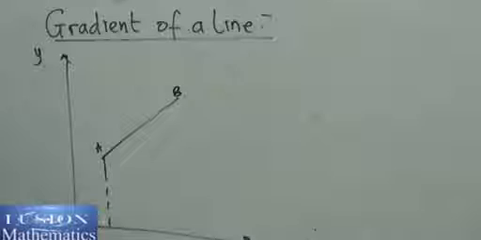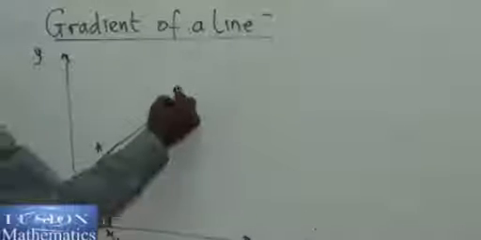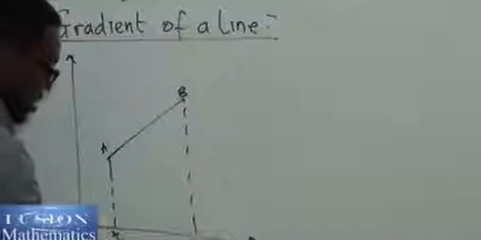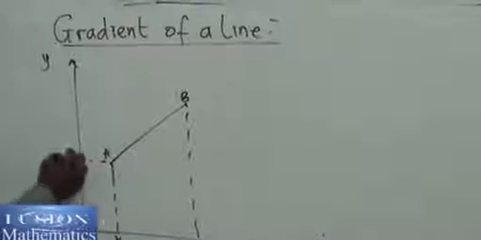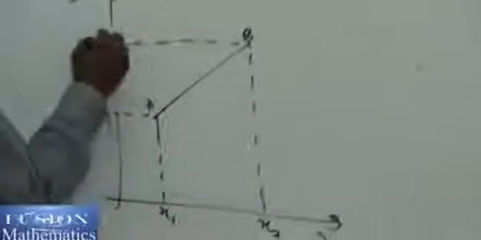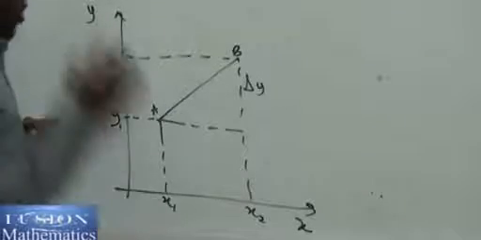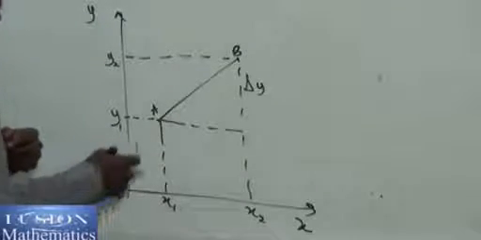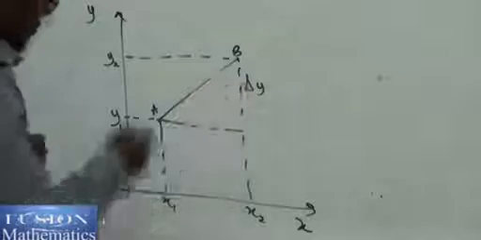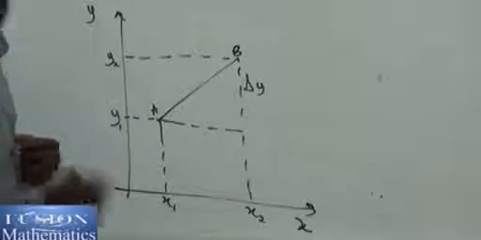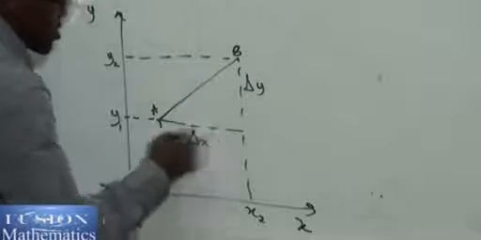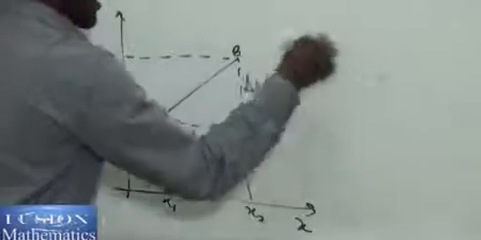A to the x-axis is x1, B, x2, y1, and here y2. For the vertical axis, the change is delta y, and for the horizontal axis, the change is delta x.